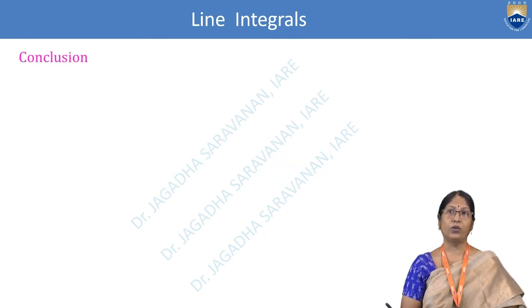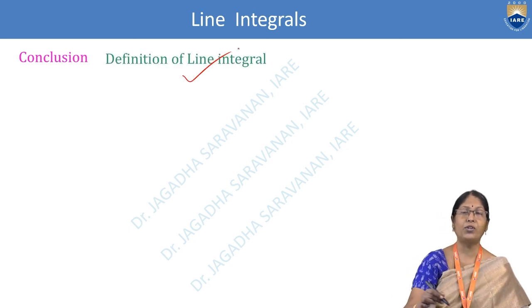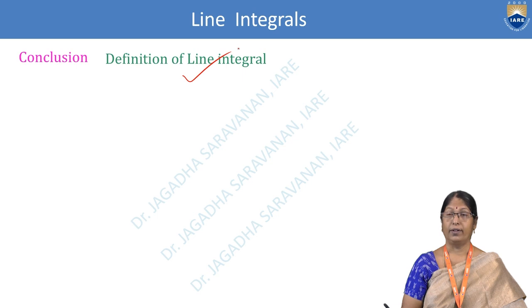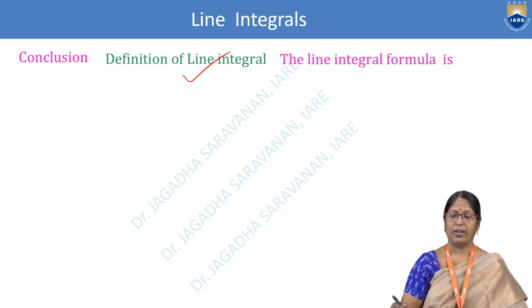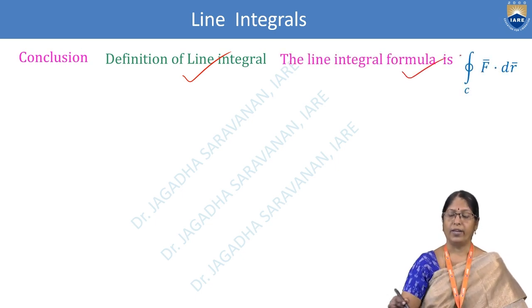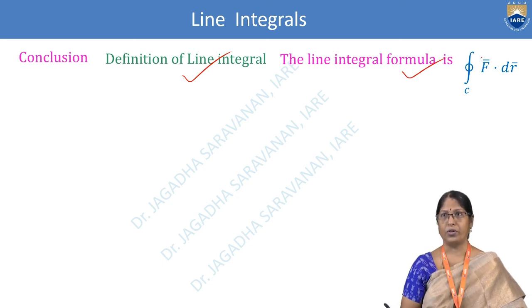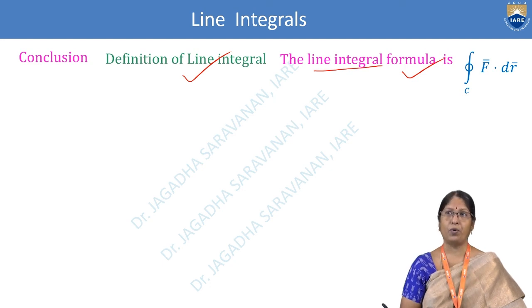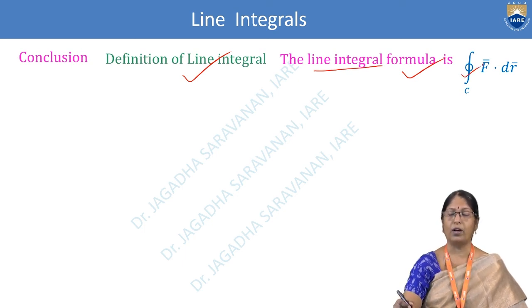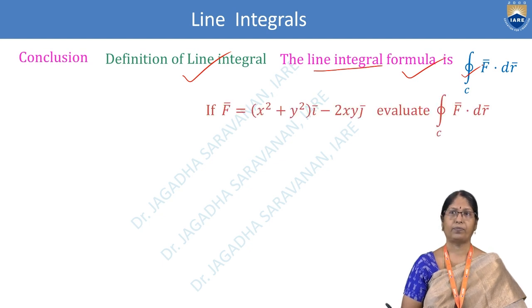So we will come to a conclusion of this topic, line integrals. The definition of line integral is nothing but the integral over C of F dot dr. So the line integral formula for a closed curve, F dot dr, is used to find the area of some functions, or to integrate some functions along the curve which are defined.